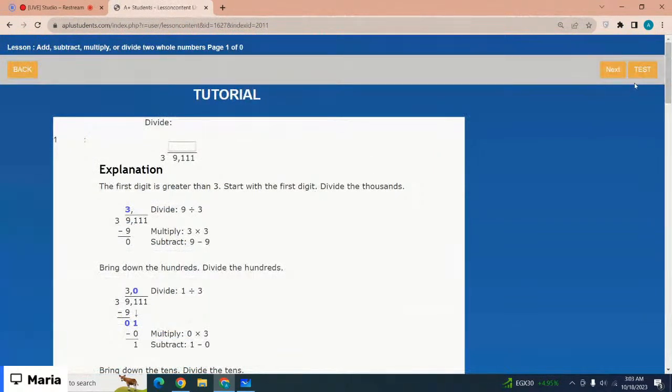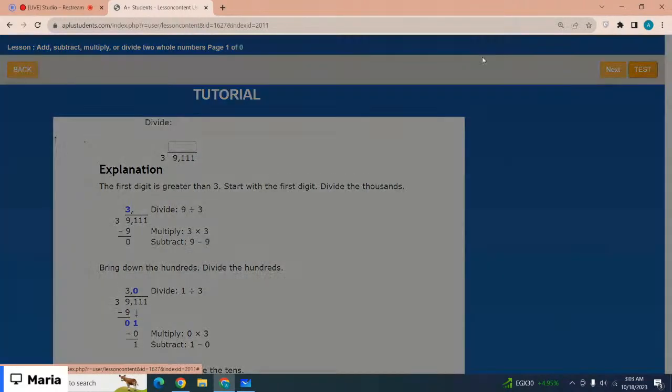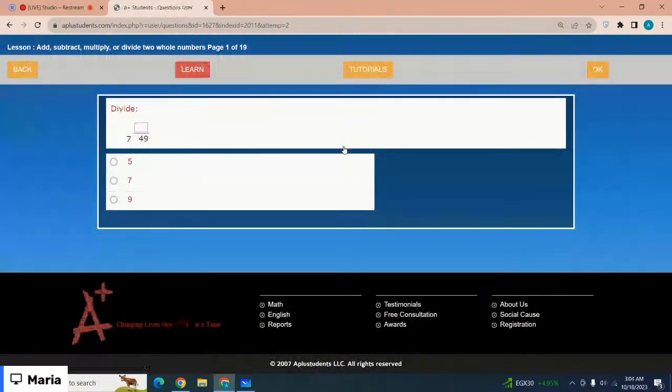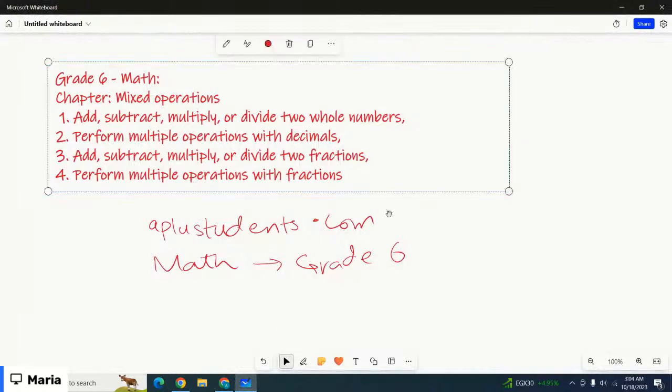We already know how to add, subtract, multiply, or divide whole numbers, so let's do practice questions. The first one: you have to divide 49 by 7, using the long division method.